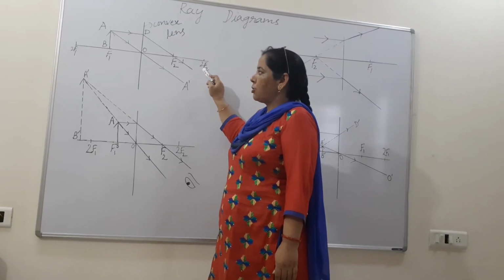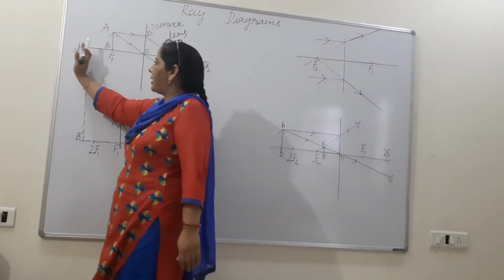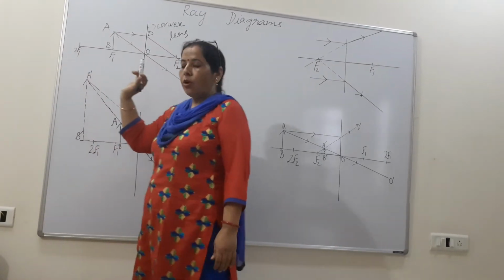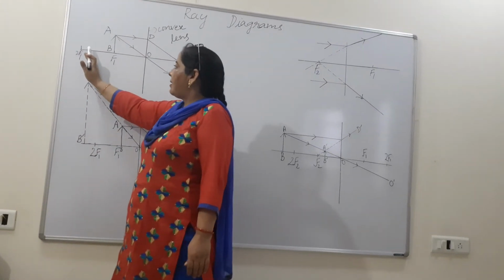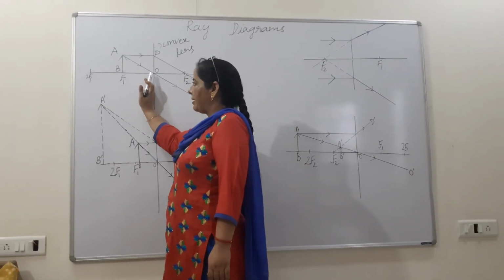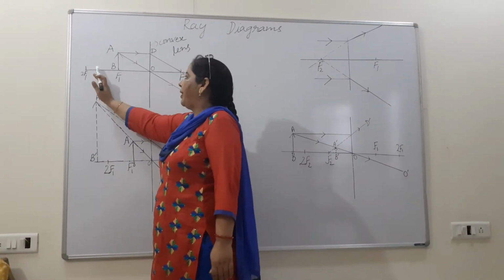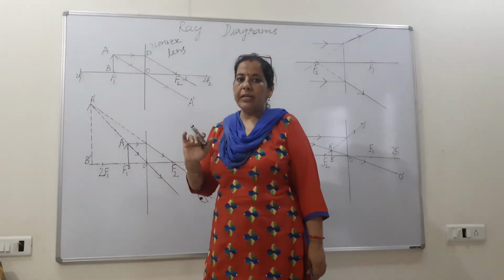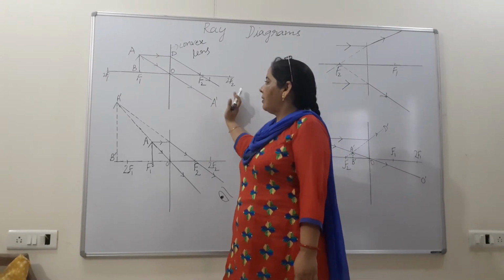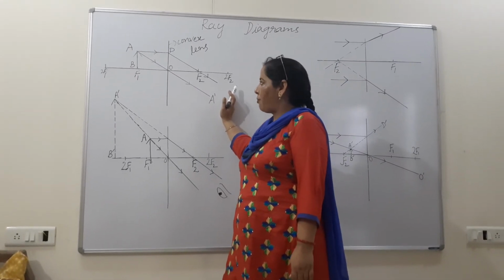But for the rest of the positions, as the object is beyond 2f1, size will be smaller, and as the object will come towards optical center, it will cross 2f1 point, then the image will start becoming big, and image will shift away from the lens.